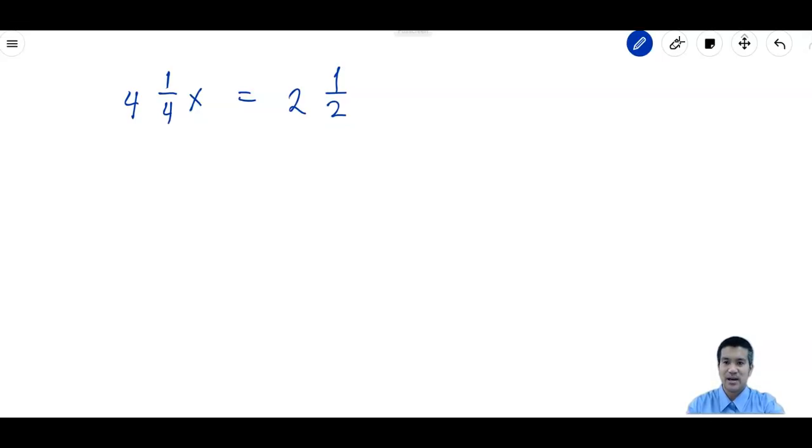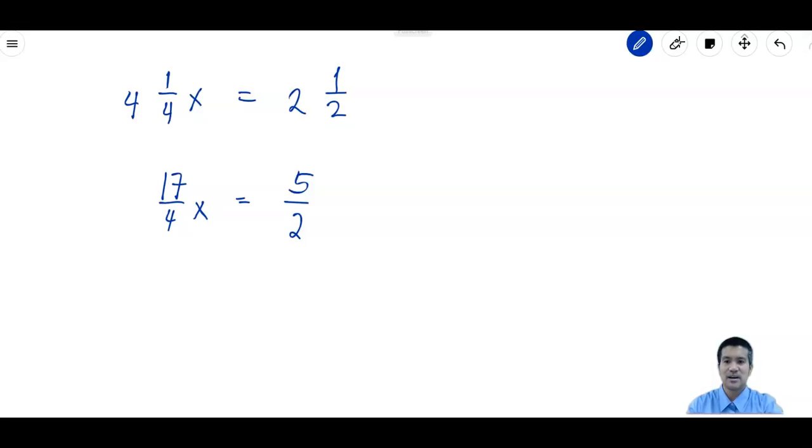So we have 4 times 4, 16, plus 1, so we get 17 over 4 x, and then here we have 5 over 2. So what will we multiply so that we can eliminate 17 over 4?